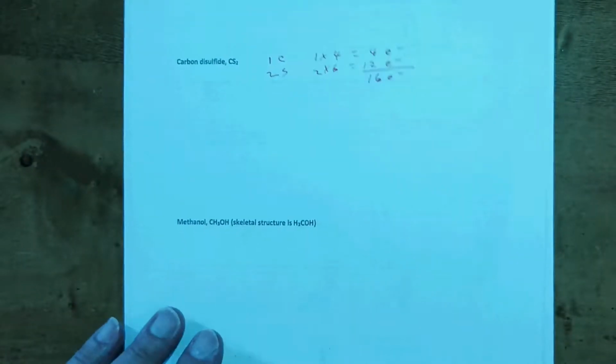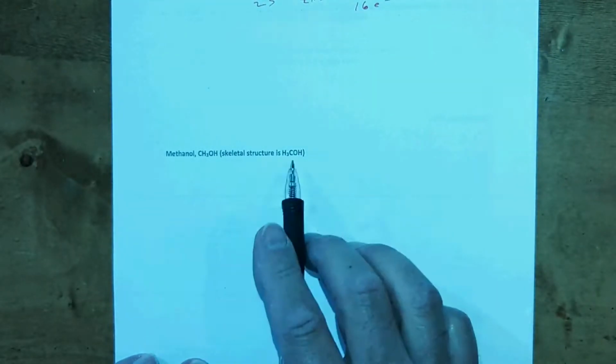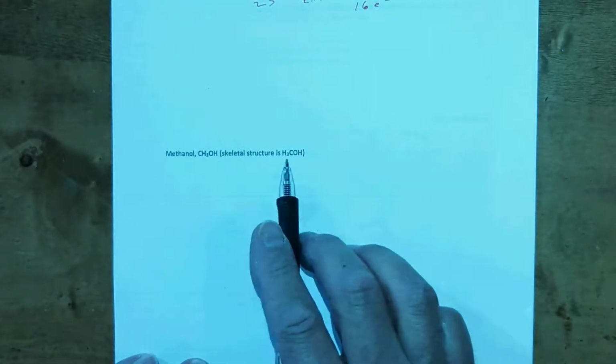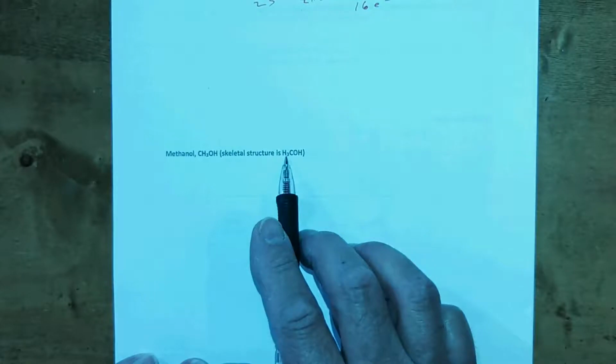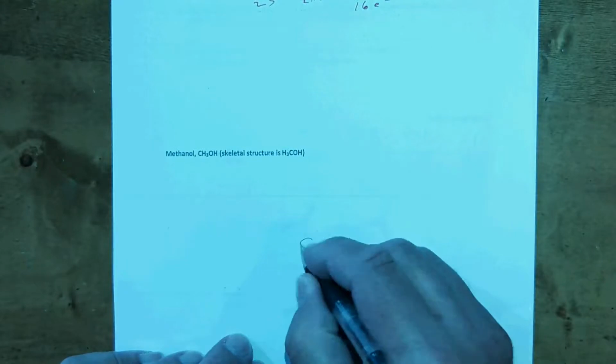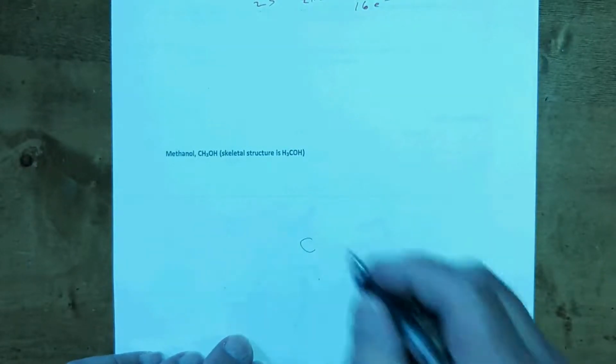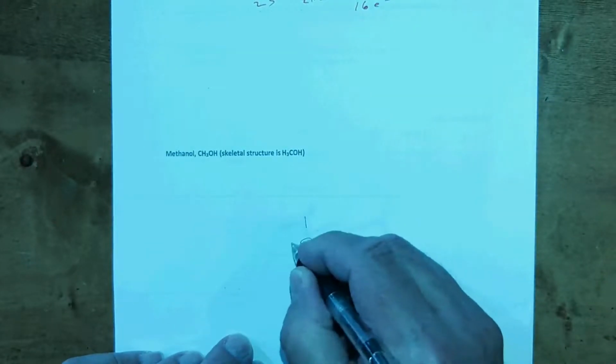Okay, moving on here. Methanol, this one's a little bit trickier in that the skeleton structure is not obvious. So any of them that are this complicated, I'll give you a hint as to the skeleton structure like I've done here. I've told you that it's a carbon with 3 hydrogens around it. So the skeleton structure on this guy is going to be carbon with 3 hydrogens.